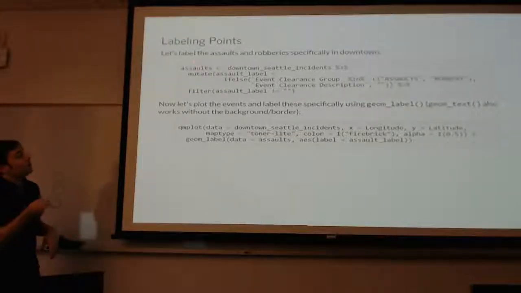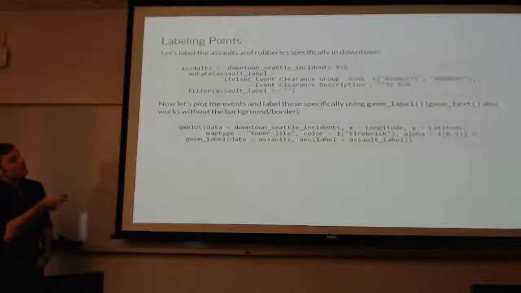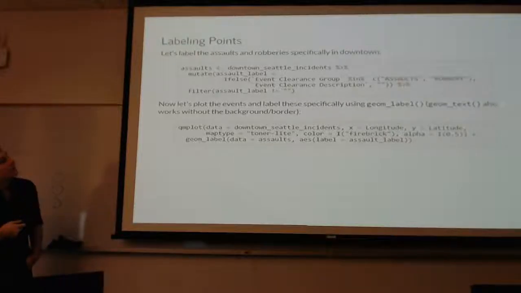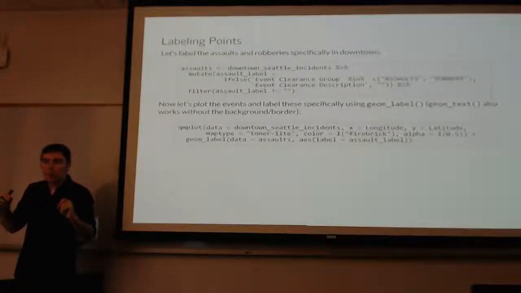I'm going to create a new data frame called assaults, which is equal to downtown Seattle incidents, mutated a new variable called assault label. So this is going to give a label specifically when the event clearance group is in assaults or robbery. How do I state that? So what this is doing is that we want to plot the label for all of the events, but we only want a label there if it's an assault or a robbery.